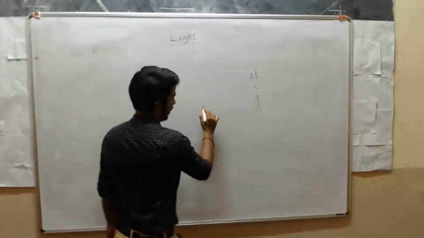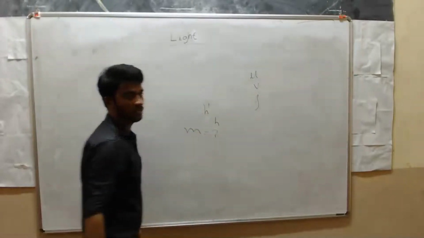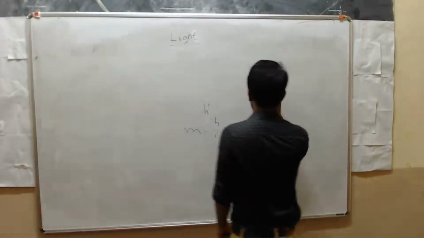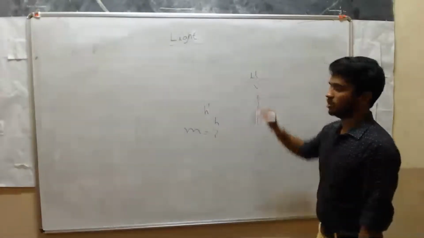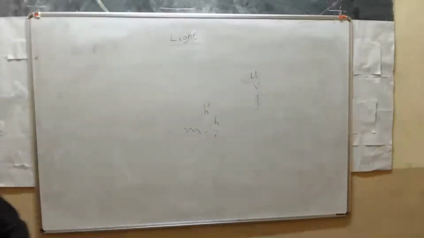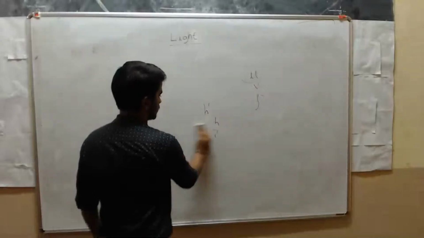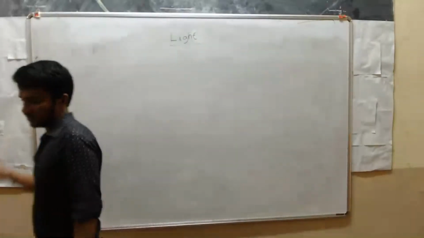Or if you know the height of the image and the height of the object, you can calculate magnification. Or if you know the focal length and image distance, you can calculate the position of the object. Here also it is the same. If you know the object distance, image distance, or focal length, we can calculate the position of the object, the position of the image, or the focal length.